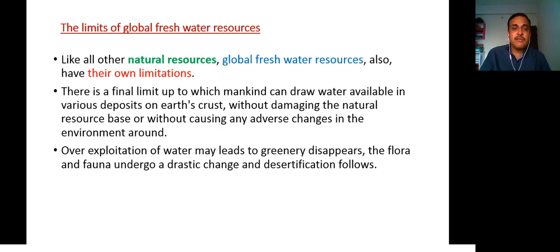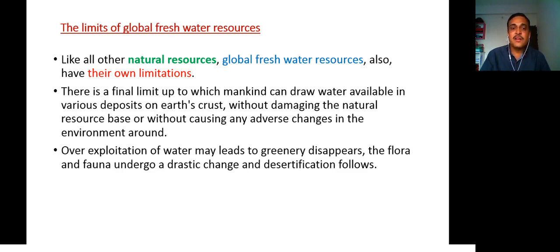And once this rainfall is received, we have a large amount of stress on these water resources for our different purposes. That's why, considering the limitations of these freshwater resources, we have to use them in a very wise way.